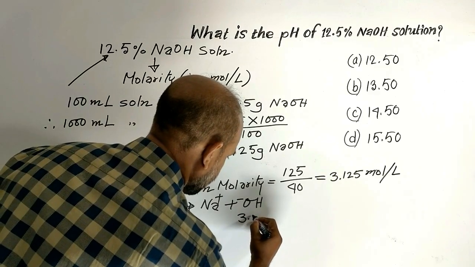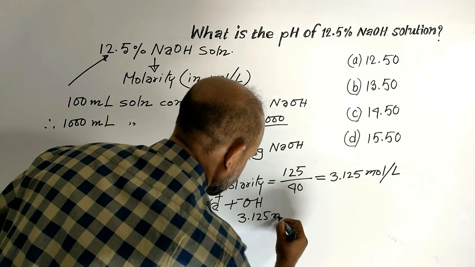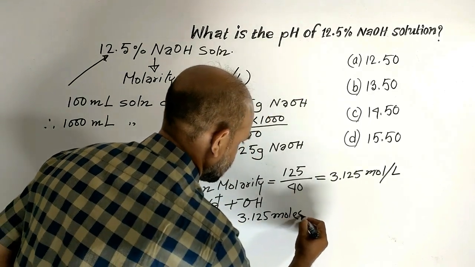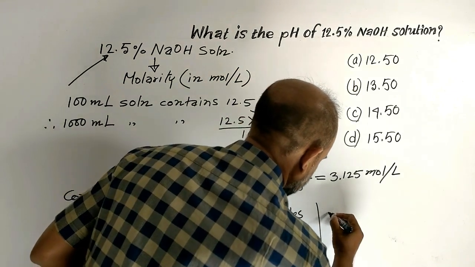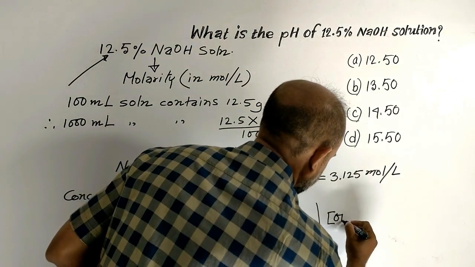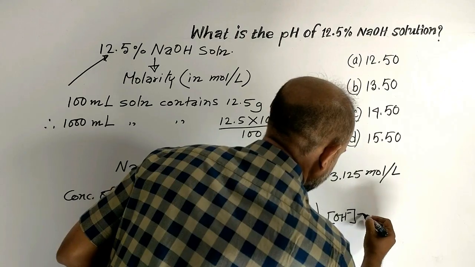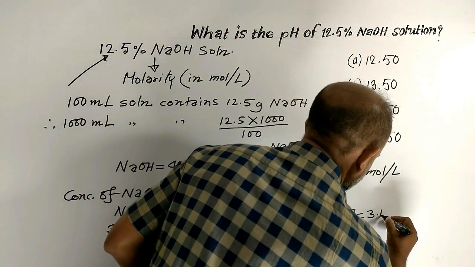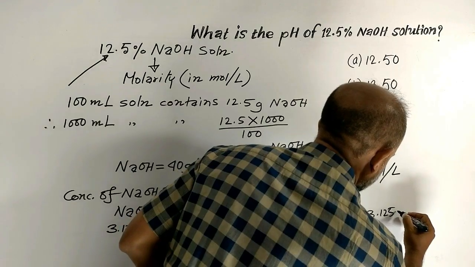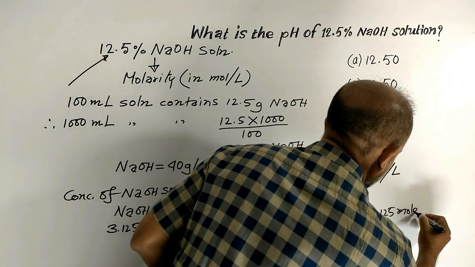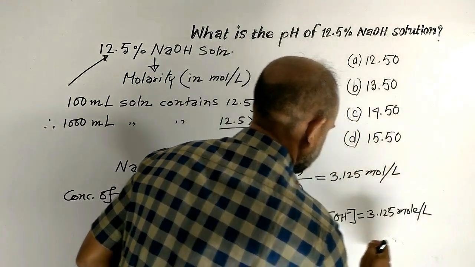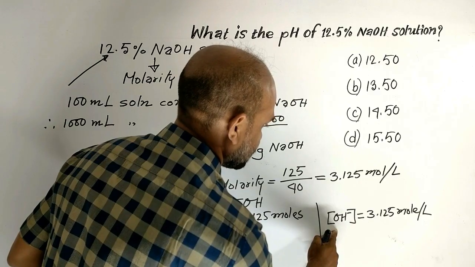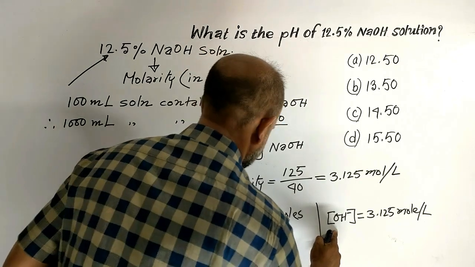This is also 3.125 moles. That is, concentration of hydroxide ion is this 3.125 mole per liter. Concentration of hydroxide ion in the solution.